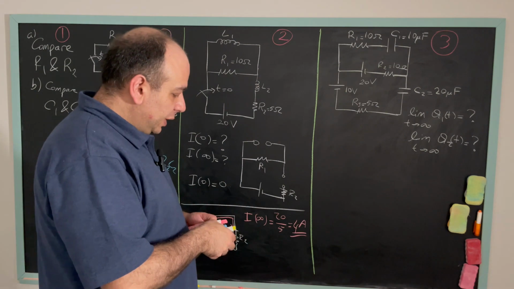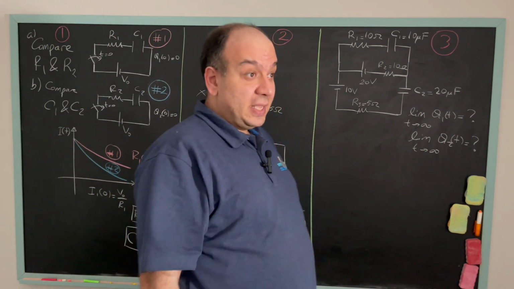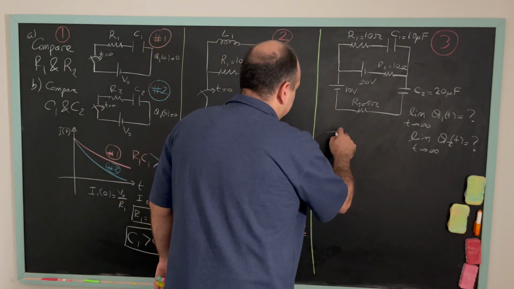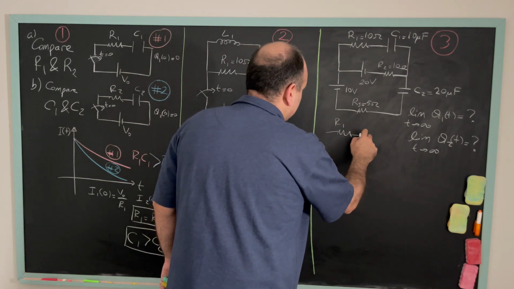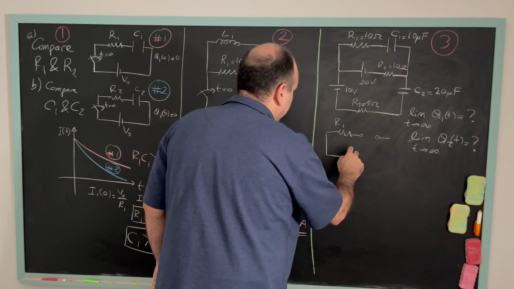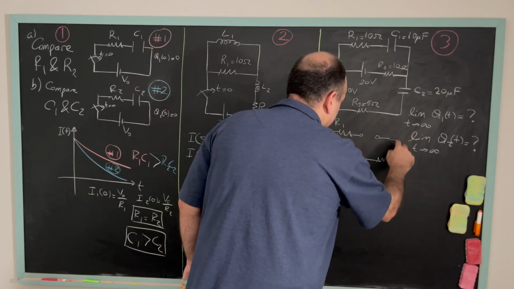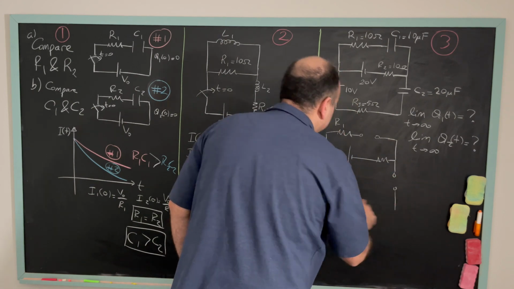The capacitors are going to be fully charged and they will behave as opens, right? So if I want to draw this, I will have R1 here. Replace C1 with an open.